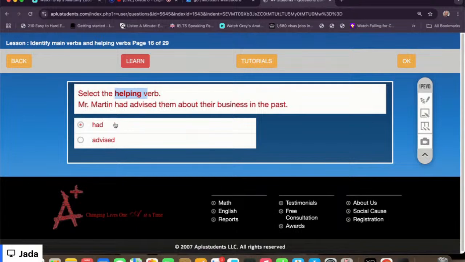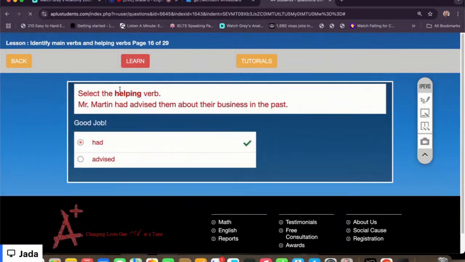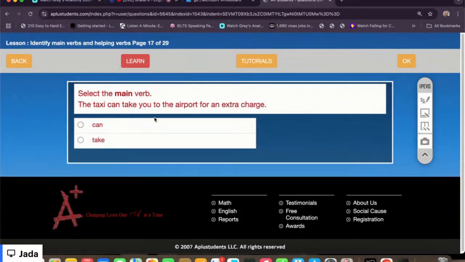All right, so we have had. The taxi can take you to the airport for an extra charge.